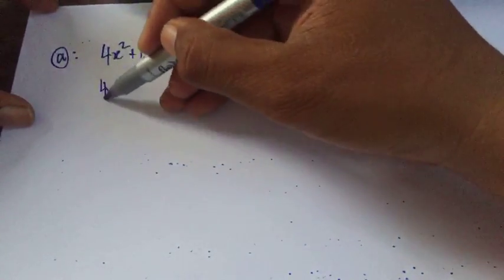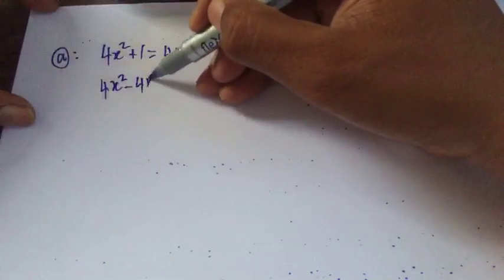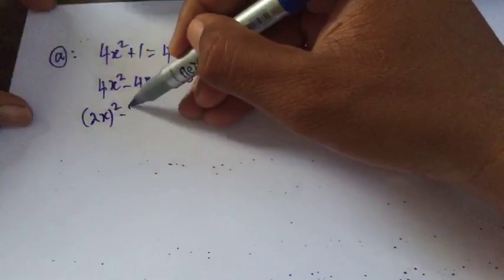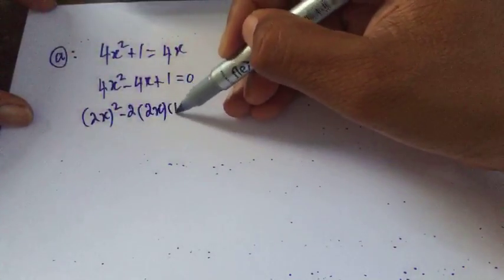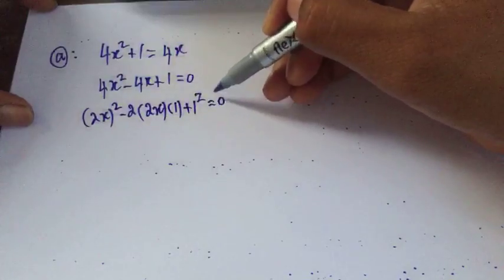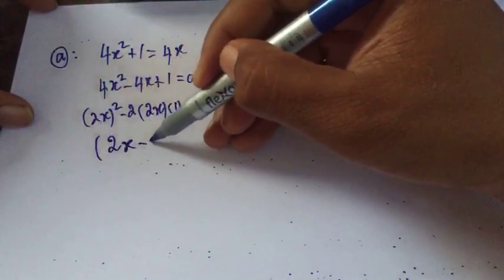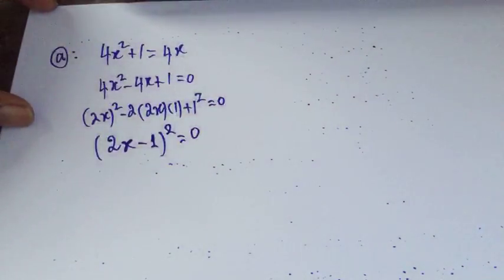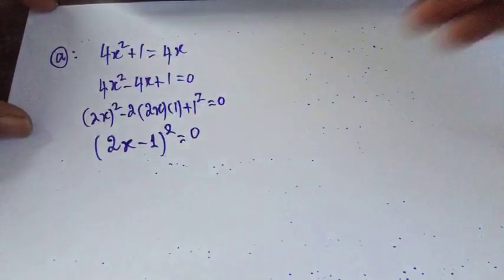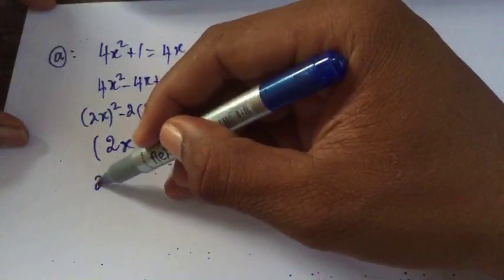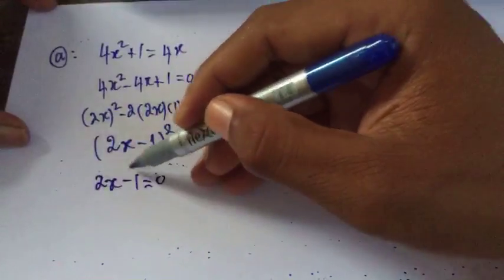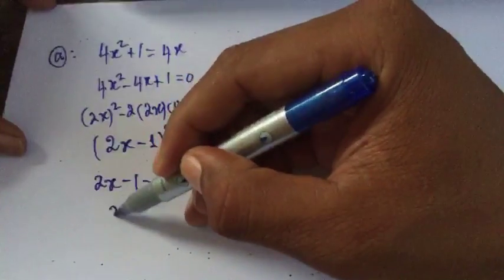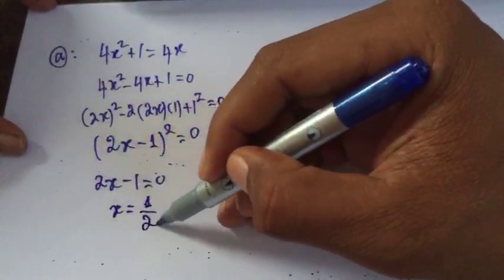The first thing we need is 4x squared minus 4x plus 1 equals 0, and then we write (2x) squared minus 2 times 2x times 1 plus 1 squared equals 0, so (2x minus 1) squared equals 0. After that, 2x minus 1 equals 0, taking the square root, and then x equals 1 over 2.